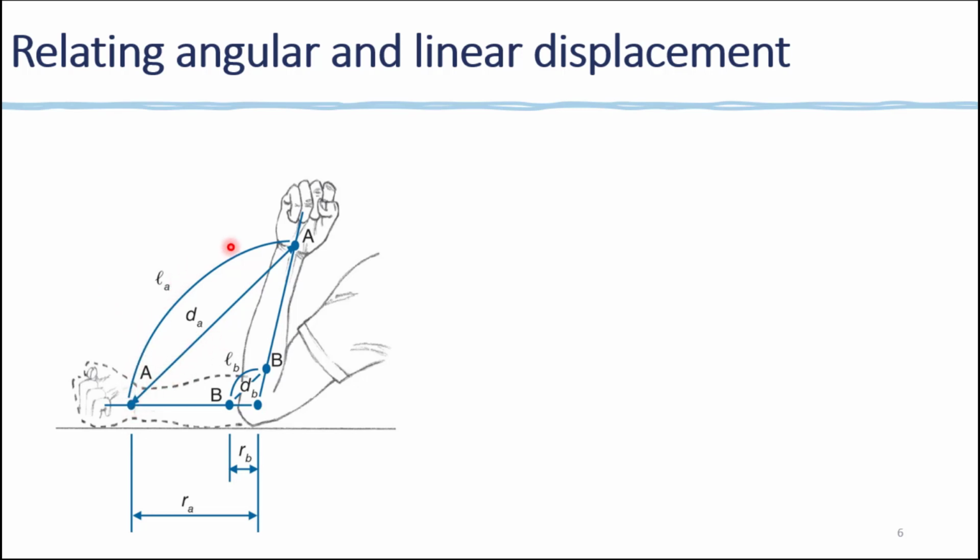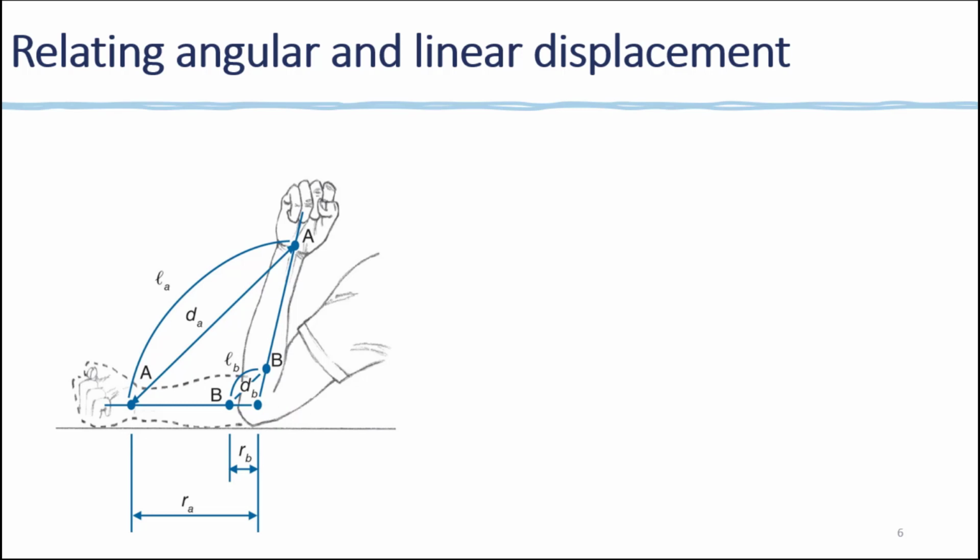So this was the linear distance over here, the arc length, and then this is the linear displacement that the hand traveled. These two values, LA and dA, are both larger than LB and dB. So basically, how far any point on the arm moves when you flex your arm is dependent on how far that point is from the elbow, or from the axis of rotation.